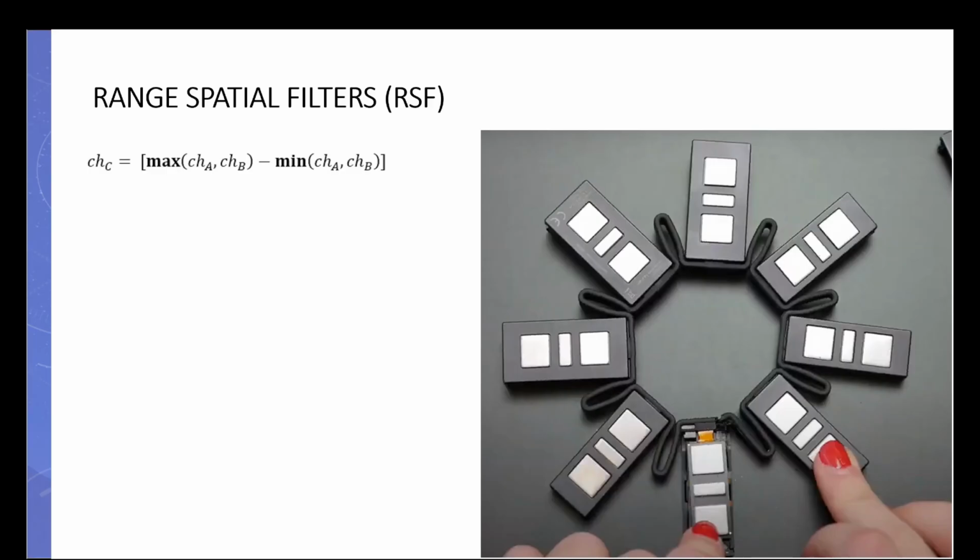Dismantle a Myo armband, you will have 8 physical EMG sensors. In one approach, we suggested to use range spatial filters.